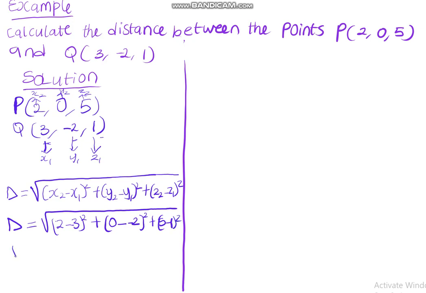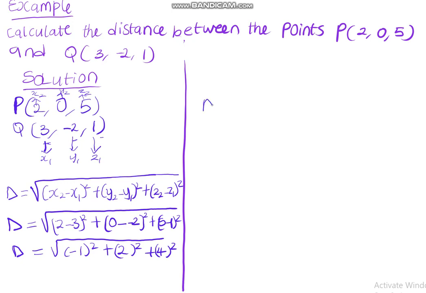Now d is equal to square root of 2 minus 3 is -1 squared plus 0 minus -2 will lead to 2 squared plus 5 minus 1 is 4 squared.